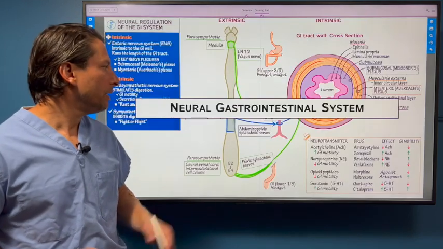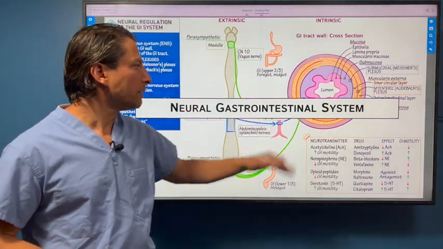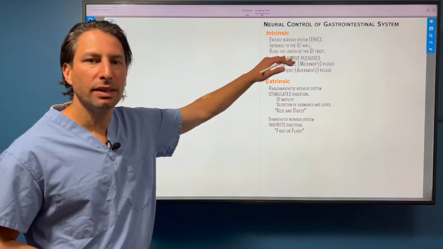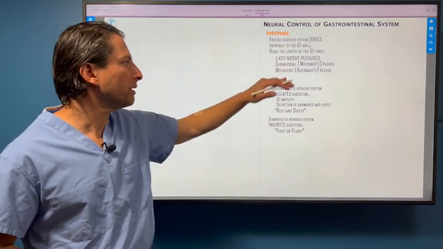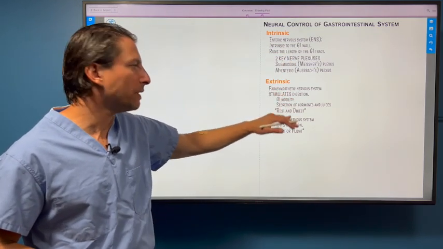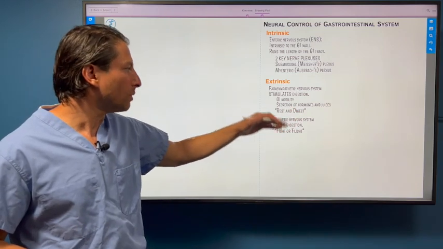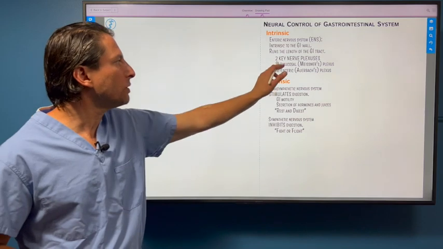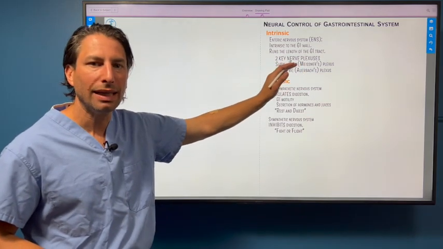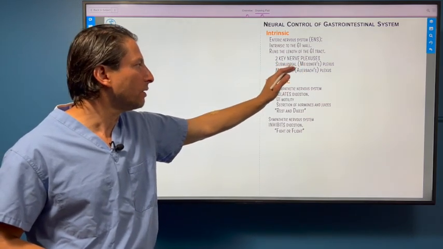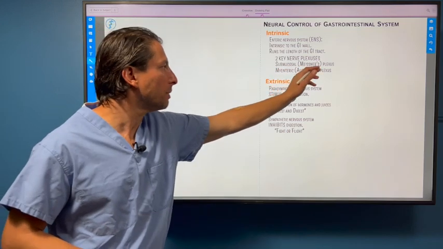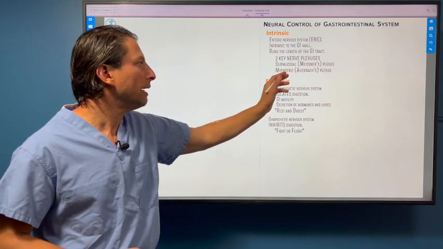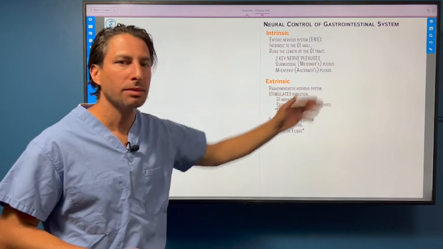issue. Neural gastrointestinal system, there's an intrinsic activation or innervation of the GI system, and then there's extrinsic. Extrinsic is what we've been talking about. Intrinsic we'll introduce here. There's two key nerve plexuses within the intrinsic GI nervous system. The Meissner's plexus, the submucosal, and then the myenteric Auerbach's plexus.